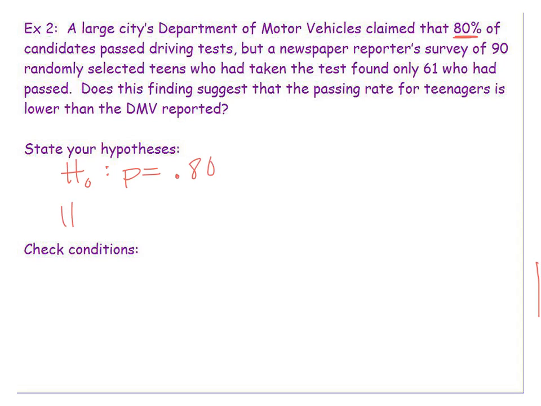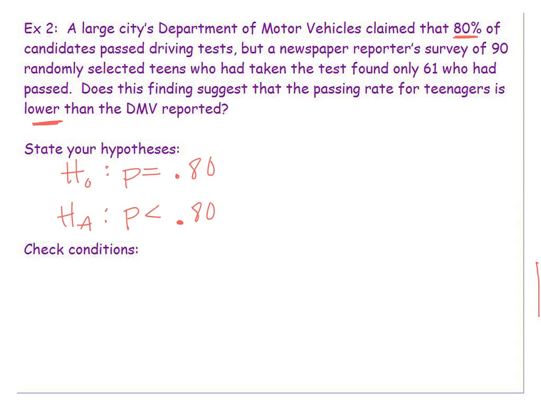Then you have an alternative. So we know it's p, but then we come back over to our question and it says, does this finding suggest that the passing rate for teenagers is lower than the DMV reported? So lower means less than 0.80. The number doesn't change, it's just the symbol that does.